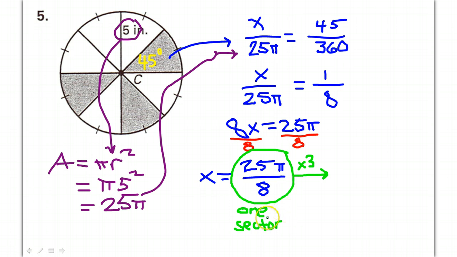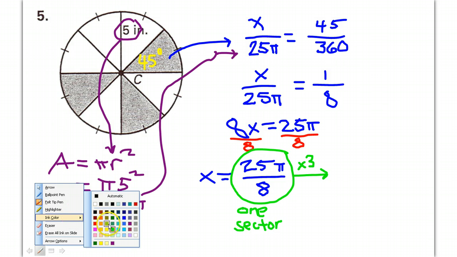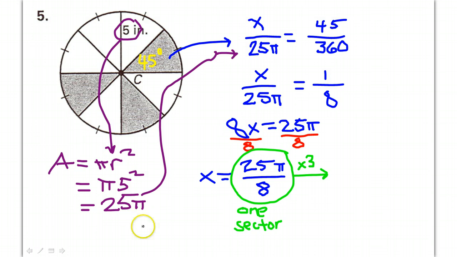Okay? Does this make any sense? Yeah, Maurice? 75 pi over 8. Excellent. So that's going to be 75 pi over 8. It's equivalent to 29.452. Excellent. 29.5.